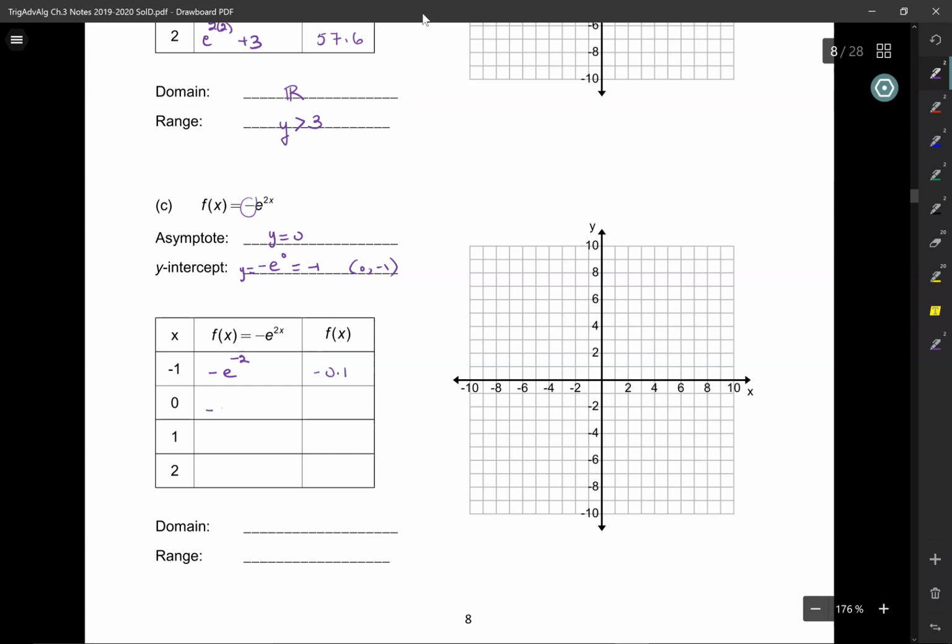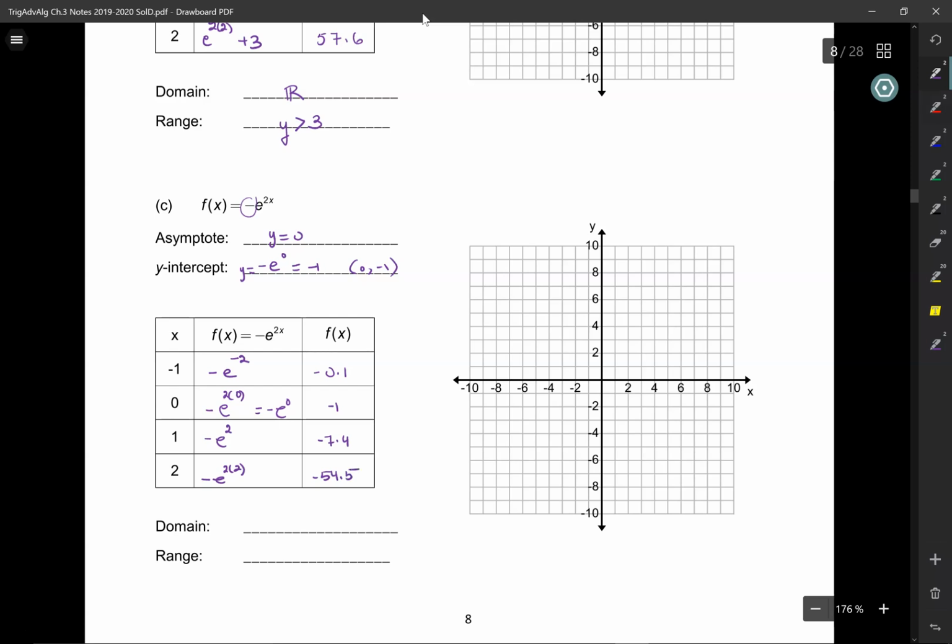I have negative e to the 2 times 0, negative e to the 0, negative 1. I have negative e to the 2 times 1, negative 7.4. Negative e to the 2 times 2, that is a huge number again, negative 54.5.